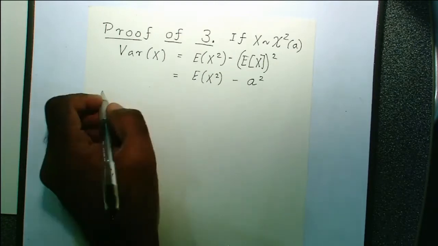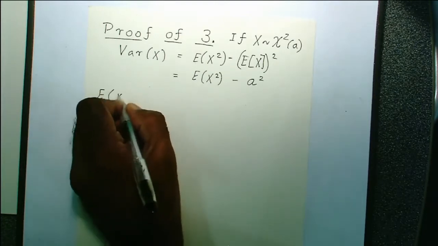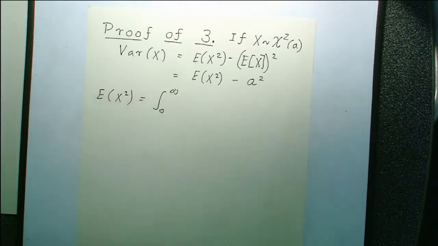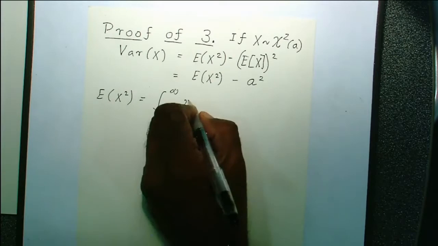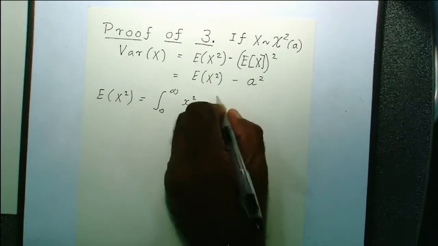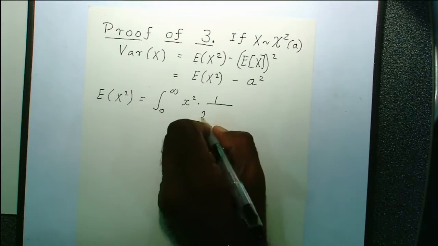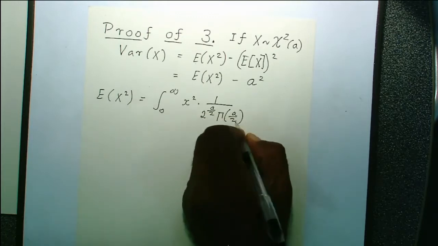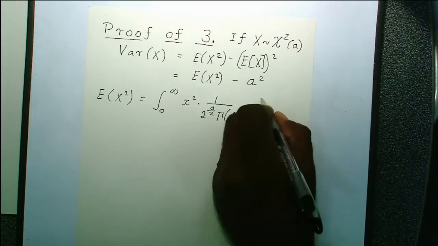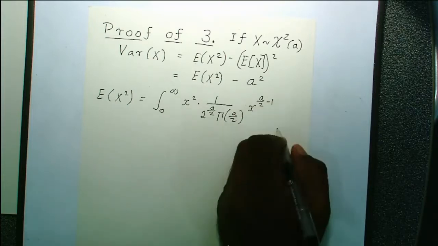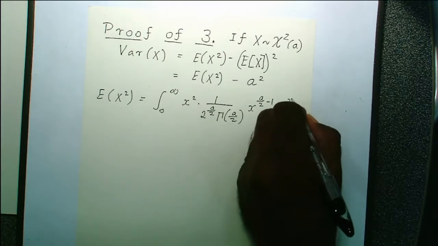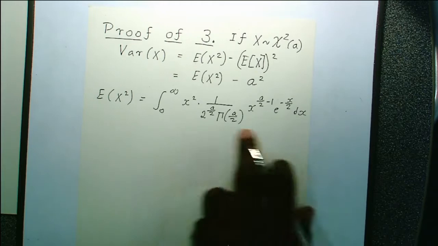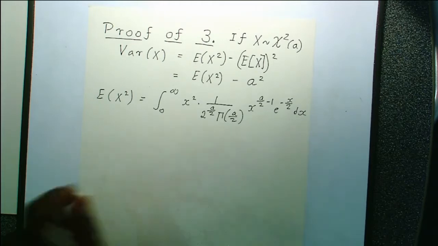That is the integral from 0 to infinity of x squared times the density of the chi-squared.